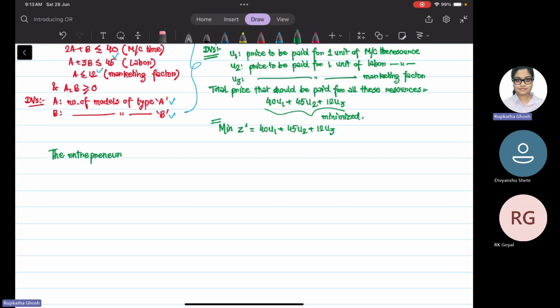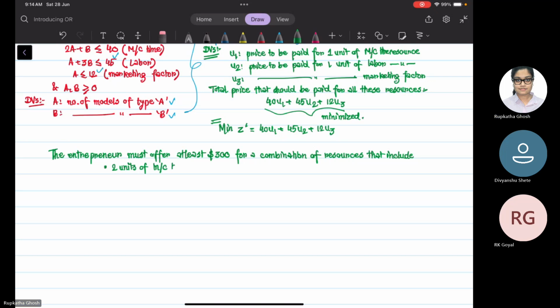the entrepreneur must offer this company X at least $300, let's say, for a combination of resources that include, first, 2 units of machinery time, 1 unit of labor, and 1 unit of marketing factor.